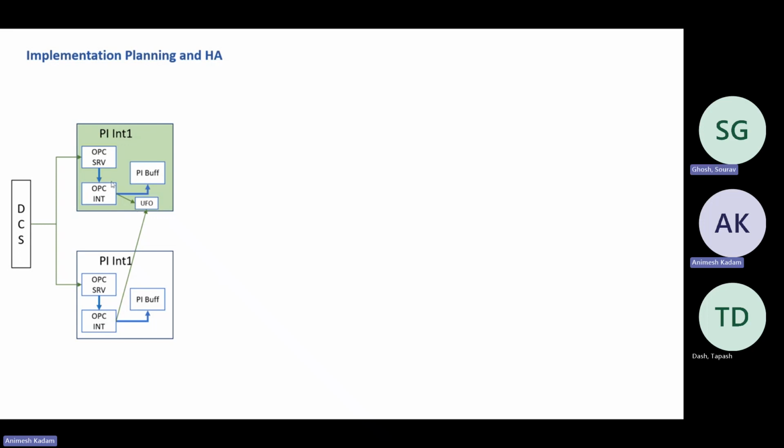If this one has failed, this buffer will be empty because it has already sent the data and no data is coming in. But as I said, there are three different types of failover. In some failovers, you may lose data for a few seconds, because once this interface gets to know that the other interface is down, it takes a second or two.